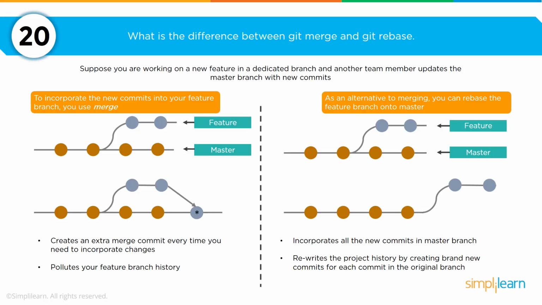And so if we look through git merge and git rebase, these are the two features that you'd be using continuously to talk about how you take a branch and merge it back into the mainline branch.